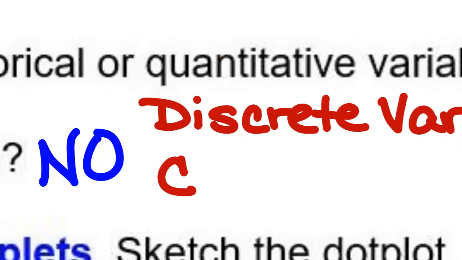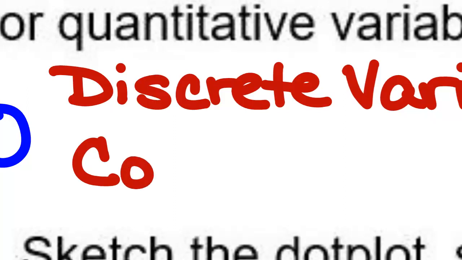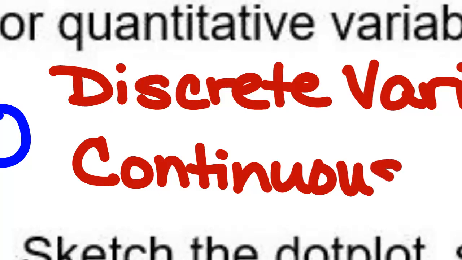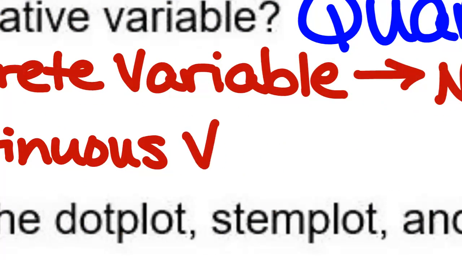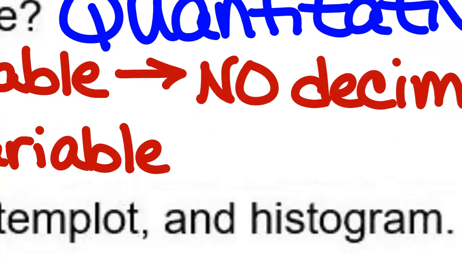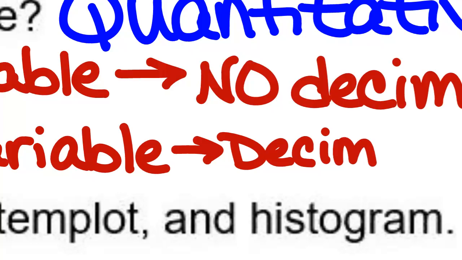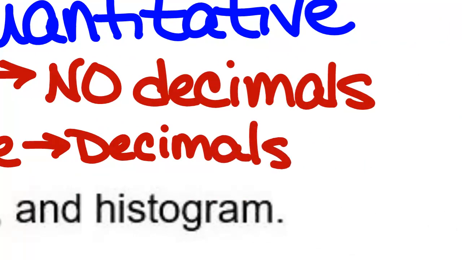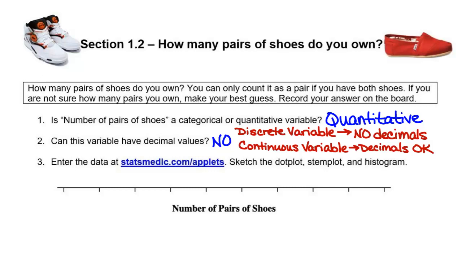If we can take decimals, we call that a continuous variable. So number of pairs of shoes would be a discrete variable because you can't have decimals there.